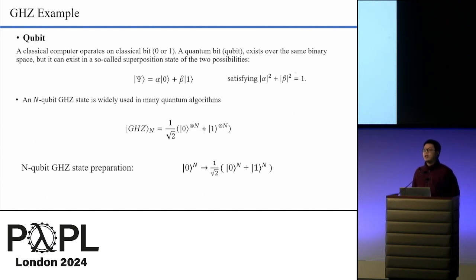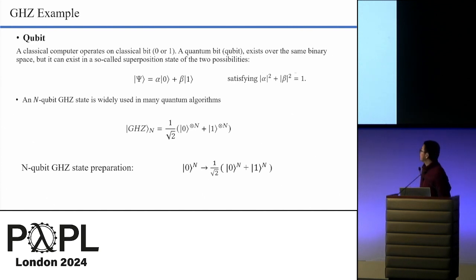And in this GHZ example, we are going to prepare a very important and very common state used in many quantum algorithms. It is called the n-qubit GHZ state. The n-qubit GHZ state means that it puts n qubits into a two-state superposition, which means that all qubits will be in 0 or all qubits will be in 1.